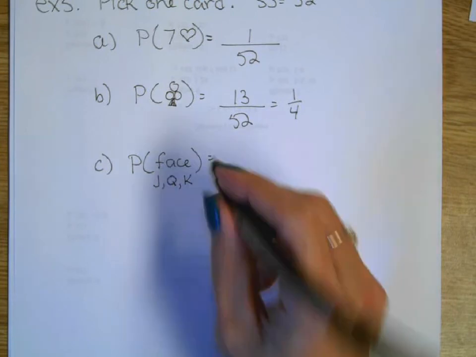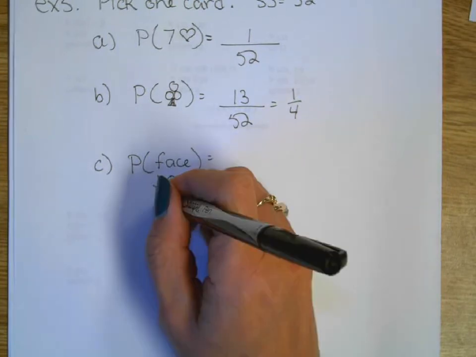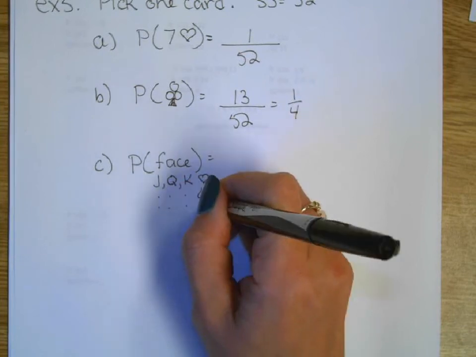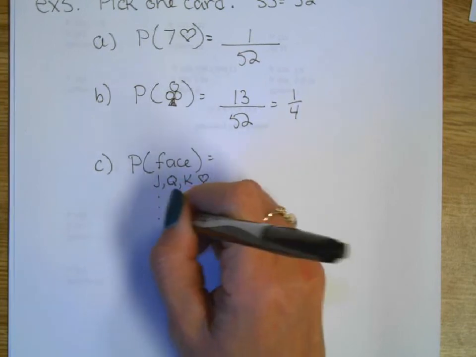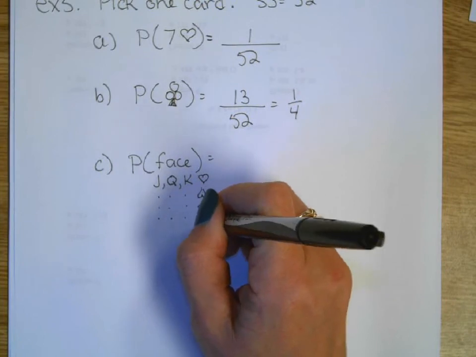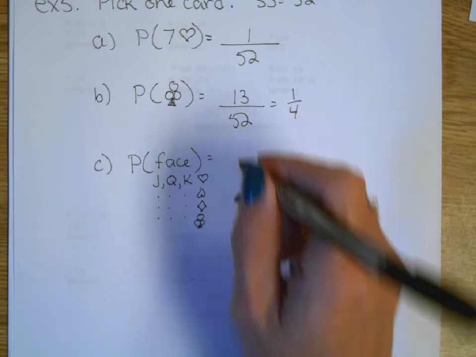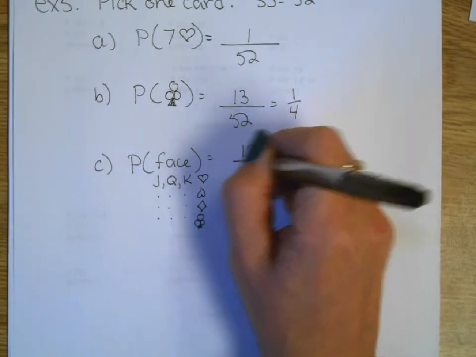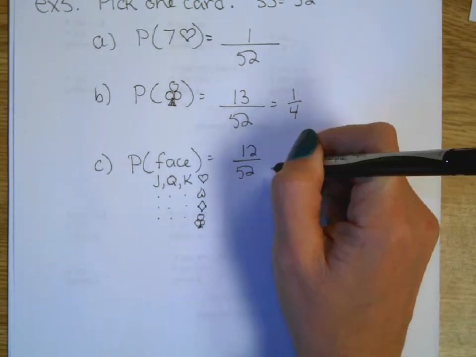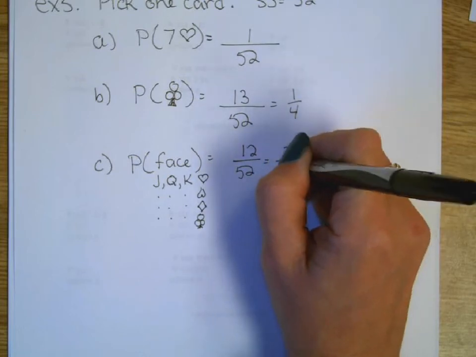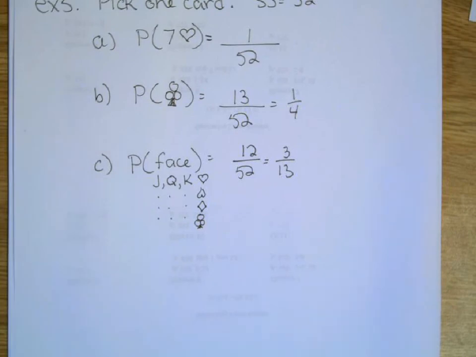There's jack, queen, king of hearts, jack, queen, king of spades, jack, queen, king of diamonds, and jack, queen, king of clubs. So altogether there are 3 times 4, 12 cards out of the 52, which reduces down to 3/13.